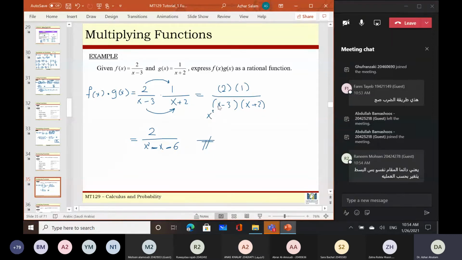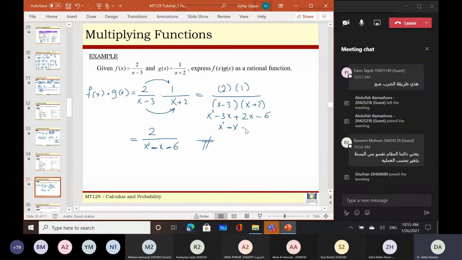When I multiply x by x, x squared minus 3x, plus 2 multiplied by x, which is 2x, minus 6. I add minus 3x plus 2x, which gives x squared minus x. Minus 3 plus 2 gives me minus 1, meaning minus x, minus 6. This is the method of simplifying the denominator. Yes, the operation itself is about the same.